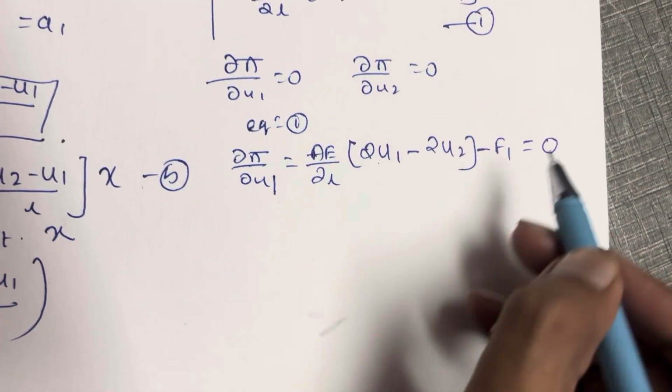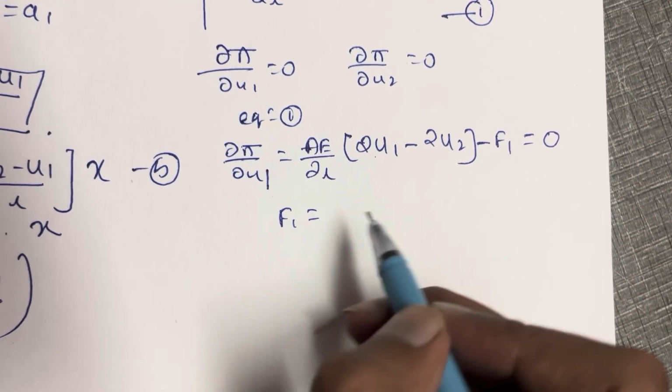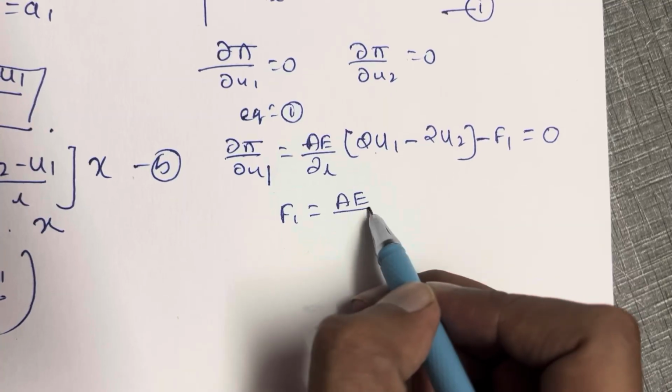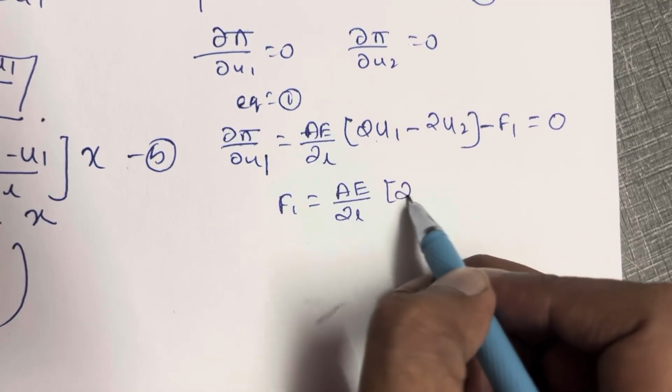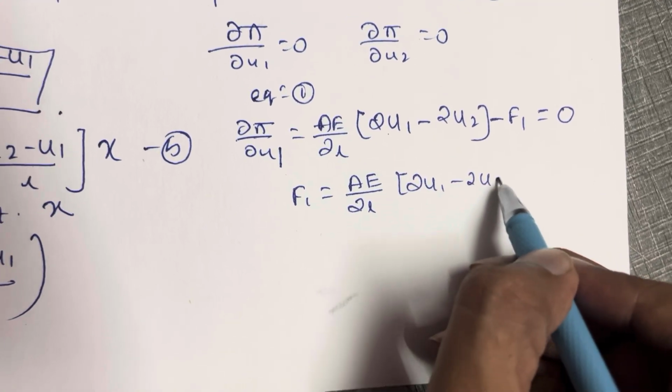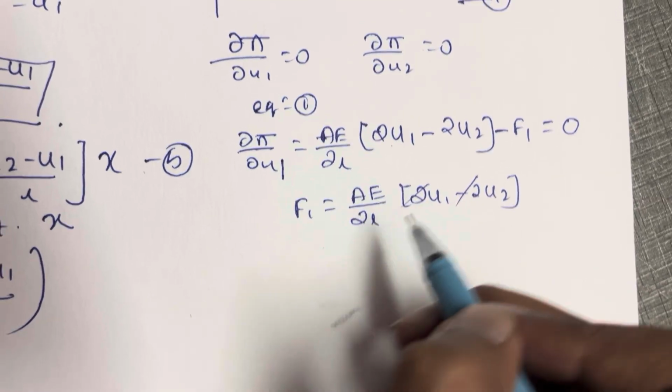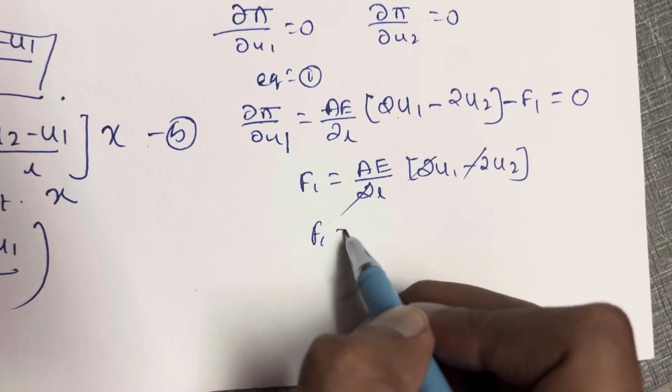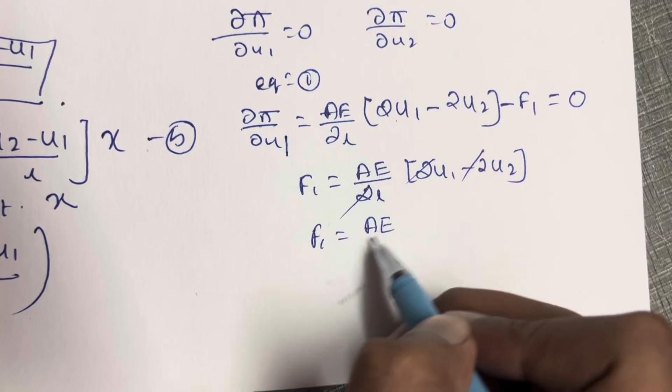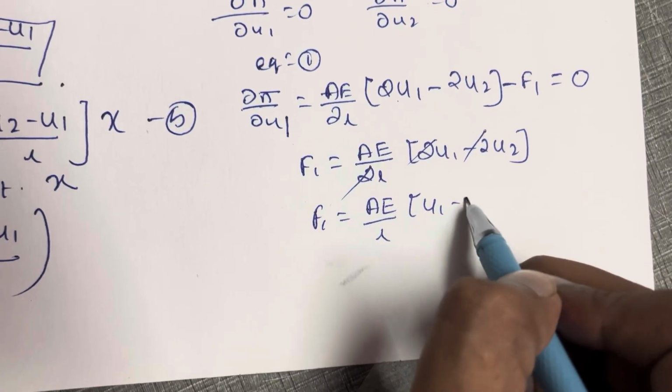So shift this f1 to this side: f1 is equal to AE by 2L times (2 u1 minus 2 u2). 2 will cancel, so f1 is equal to AE by L times (u1 minus u2).